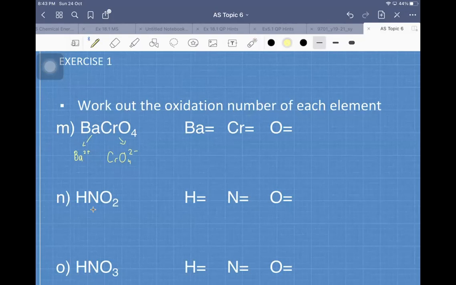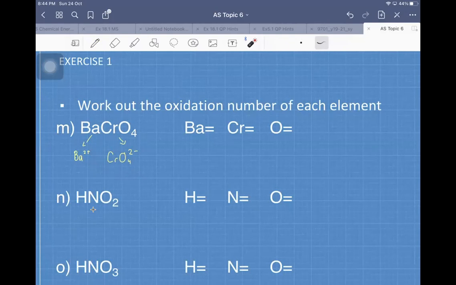So again, just to check, if I bring down the 2+ and the 2-, they cancel out to work out as BaCrO4. Usually ionic compounds are written as their empirical formula.